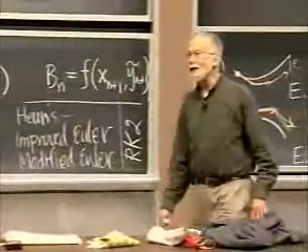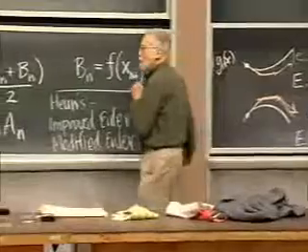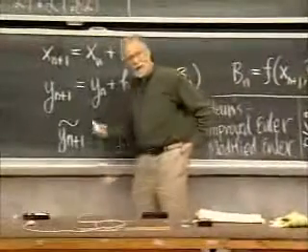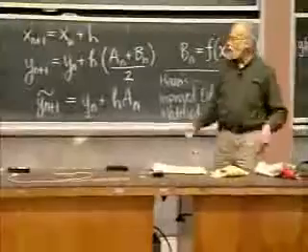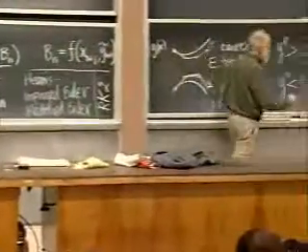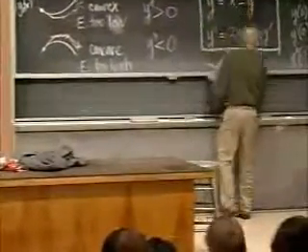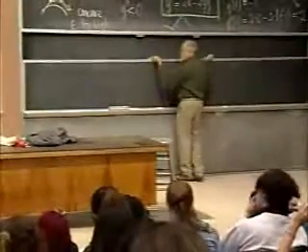RK stands for Runge-Kutta, and the reason for the 2 is not that it uses 2 slopes, well, it is that it uses 2 slopes, but the real reason for the 2 is that it is a second order method. So that's the most important thing to put down about it. It's a second order method, whereas Euler's was only a first order method.